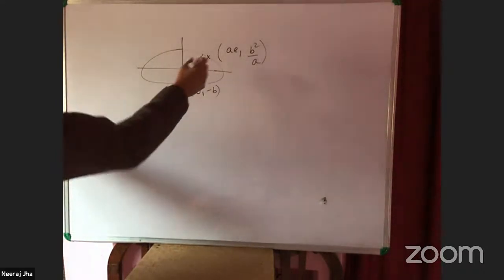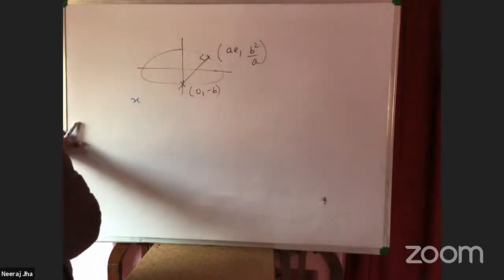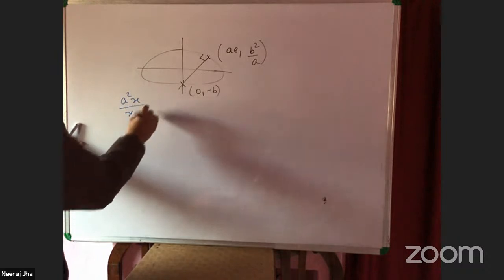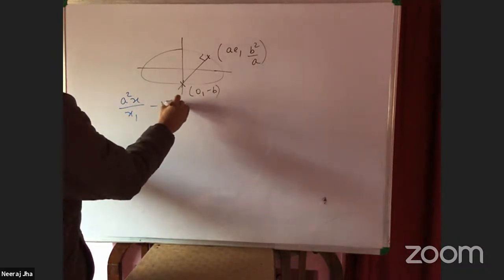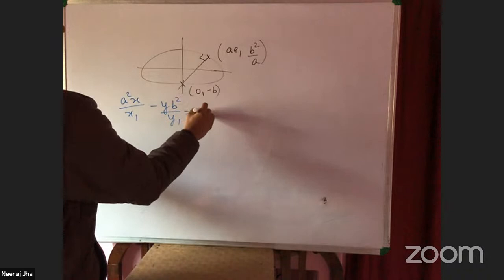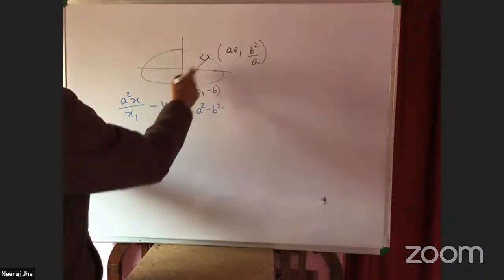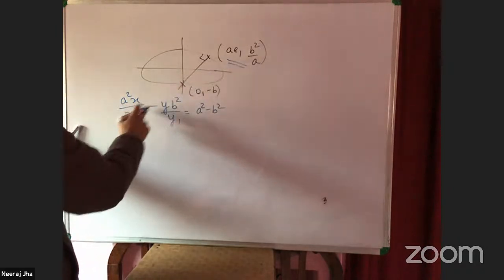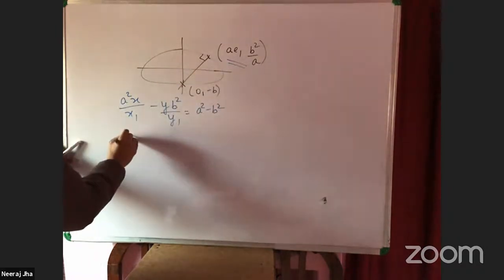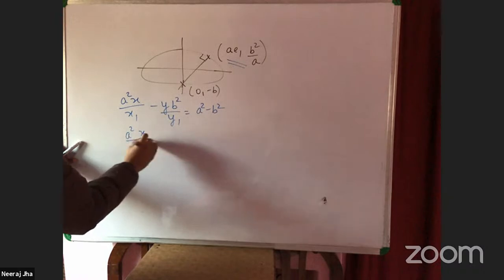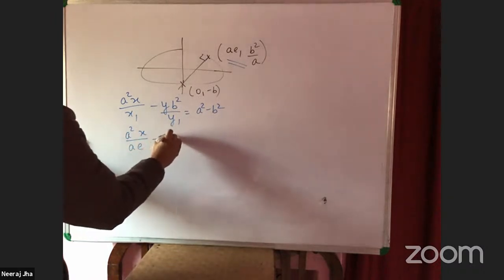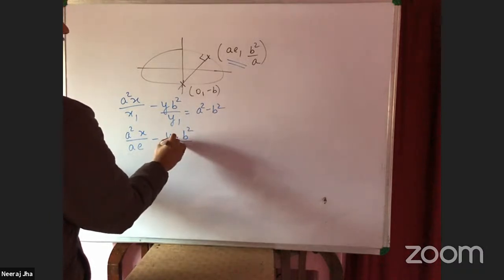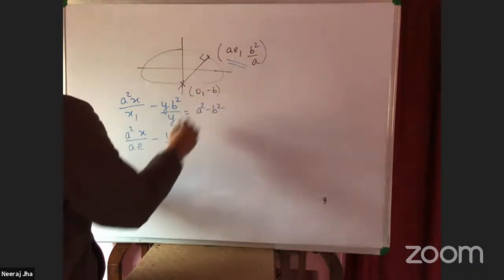So can I write the equation? Please tell me what is the equation of normal. X into a square upon x1 minus y into b square upon y1 is equal to a square minus b square. Quickly tell me, if I put x1 as this and y1 as this, what I'll be getting? I'll be getting a square into x upon a into e minus y into b square upon y1. What is y1? y1 is b square upon a.